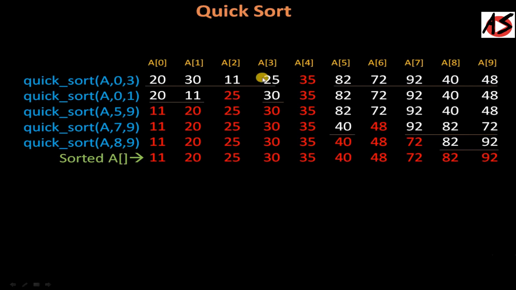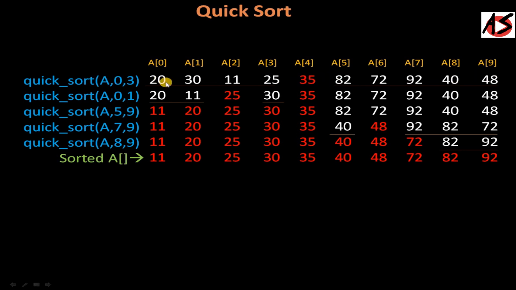So after completion of the first partition, we got 35 on its final position, that is place 4, and we have now two smaller sub problems. This is the first sub problem and this is the second sub problem.